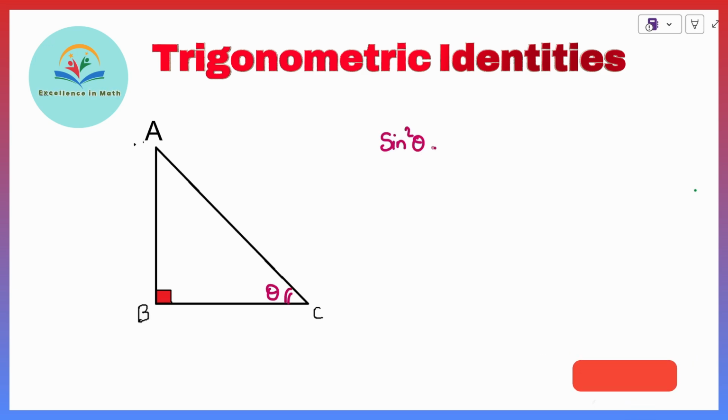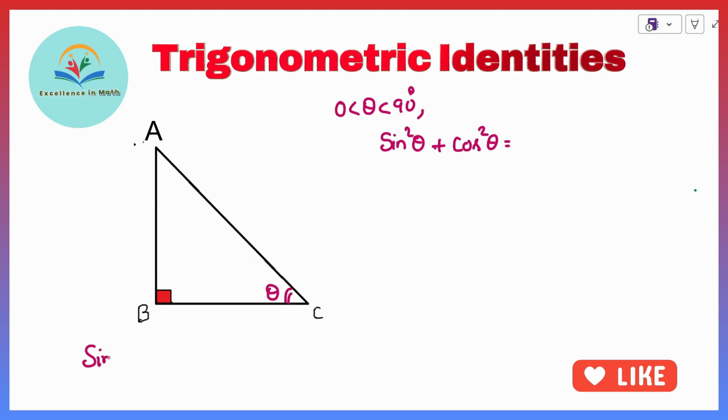What is the value of sin square theta plus cos square theta for an acute angle theta, right? So here 0 less than theta less than 90 degrees. For any acute angle theta, let's try to derive the identity sin square theta plus cos square theta. What is sin theta and cos theta? Let's recap.